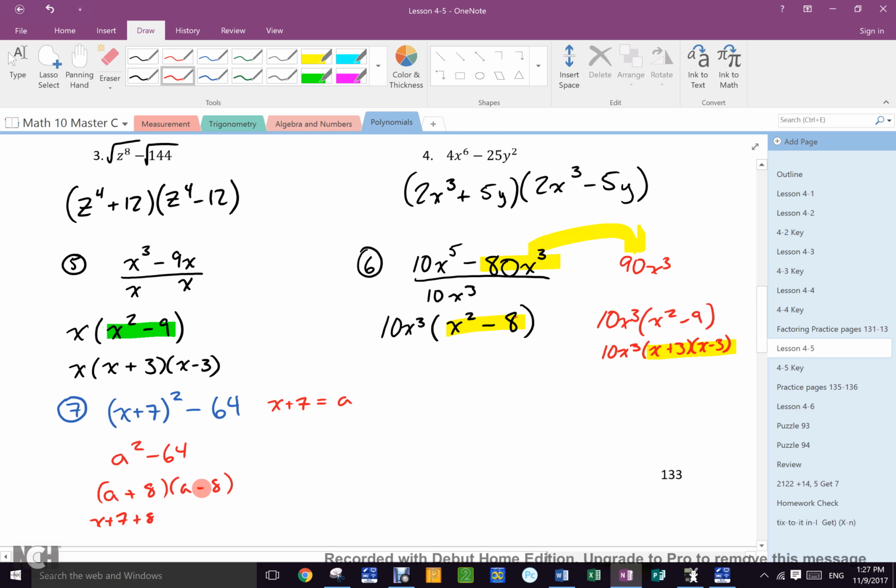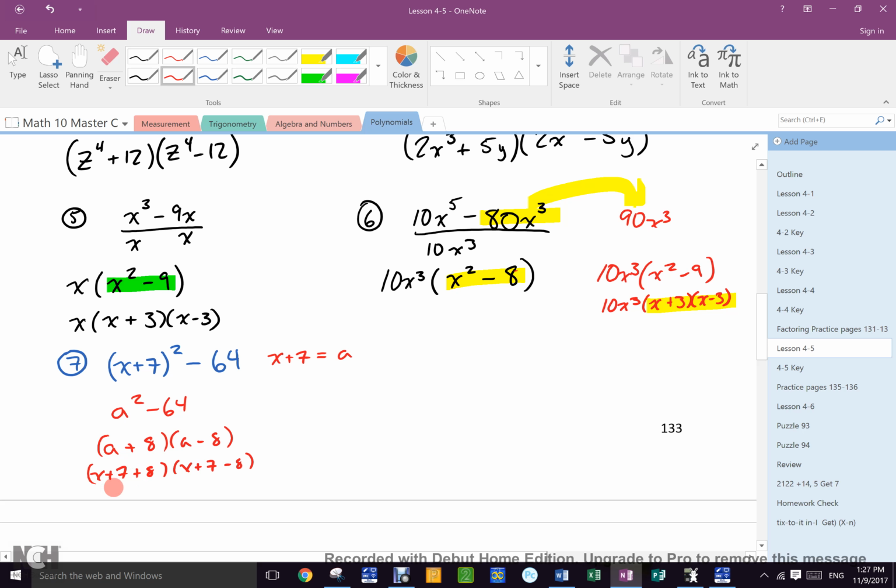And what do I have here? x plus 7 minus 8. What is 7 plus 8? x plus 15. And what is 7 minus 8? x minus 1. And that one's done. Is everybody good? Okay.